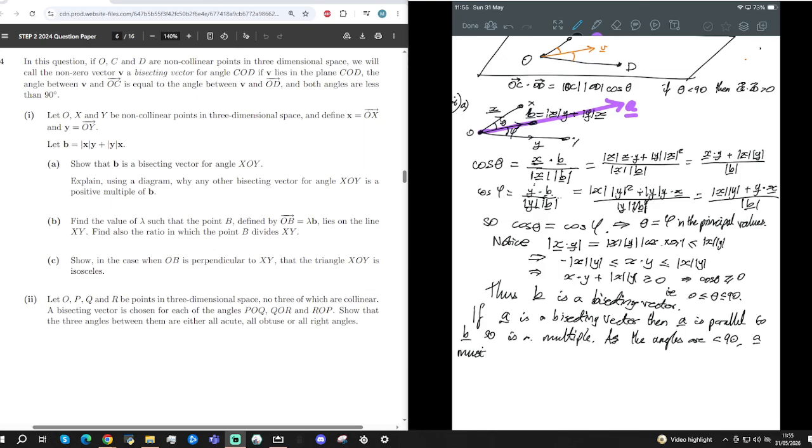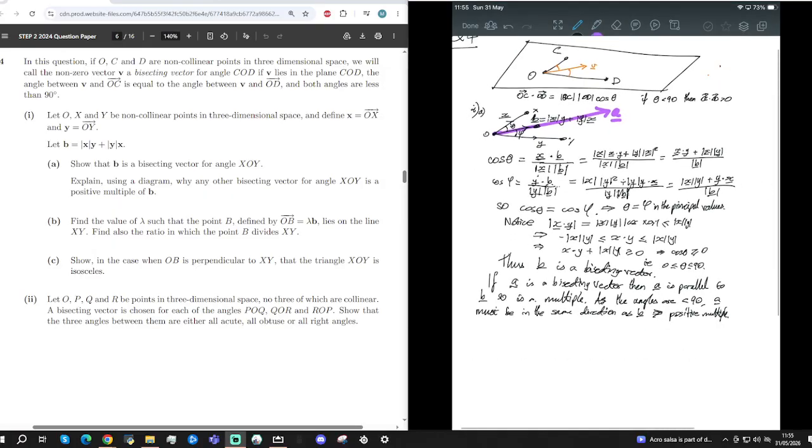Now, what's the best way to say this? Must be in the same direction rather than the opposite direction. Must be in the same direction as B, which implies it's a positive multiple. Hey, nice.